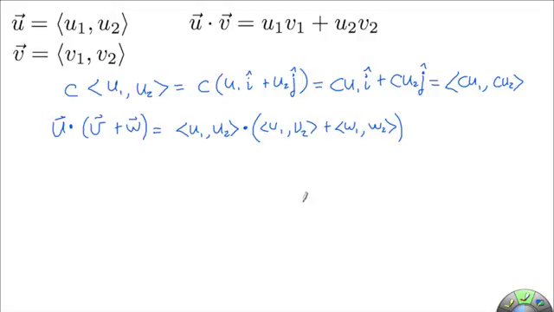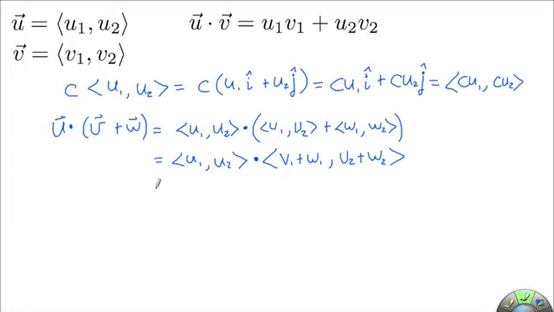Okay. So I can add inside first, parentheses come before multiplication. So this becomes u1, u2, dotted with the sum of these vectors, which would be v1 plus w1 comma v2 plus w2. When you're adding vectors, you just add their components.